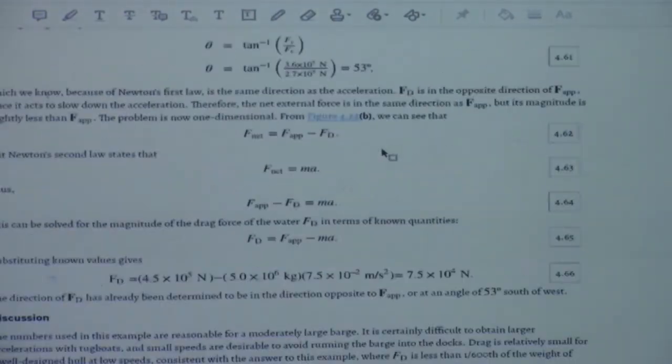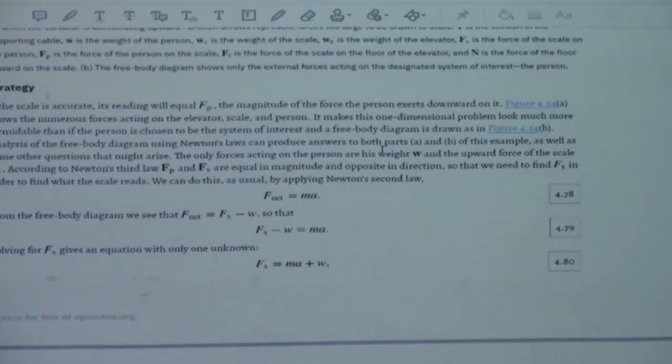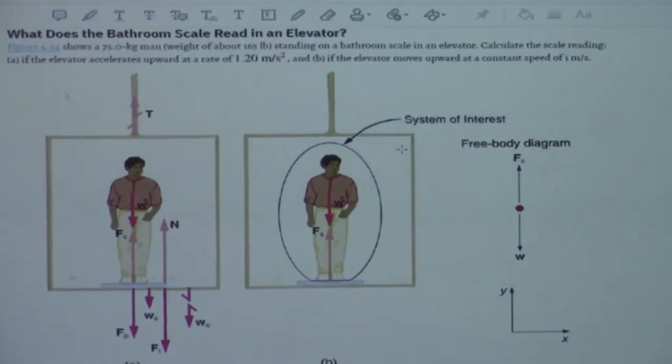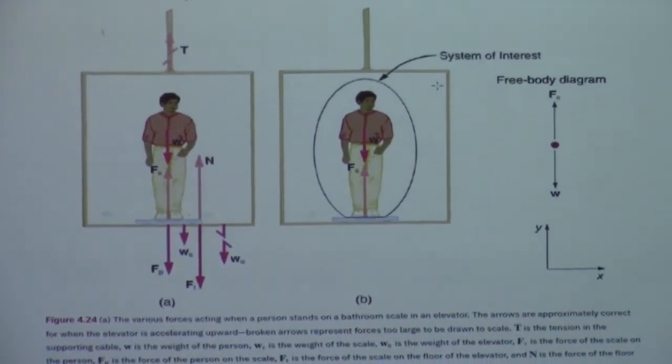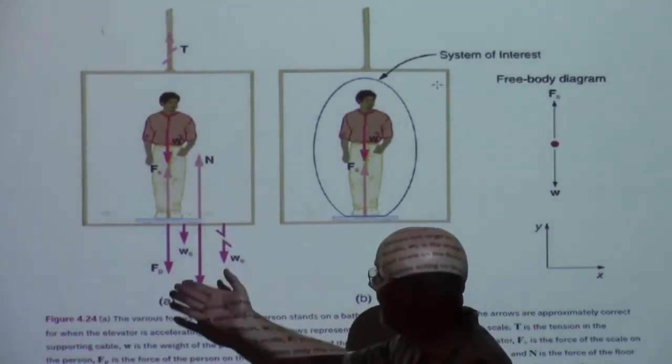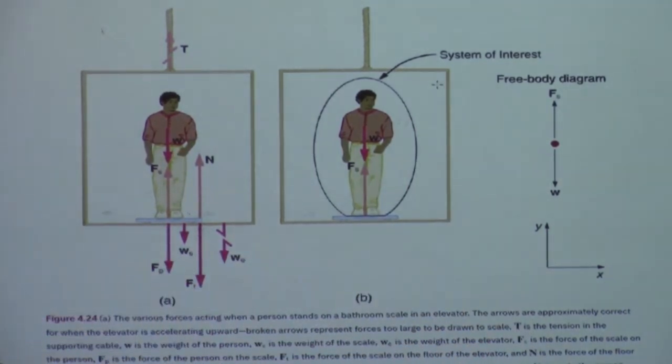Because the last diagram, in this book, right here, I would say shows 3 different objects. The person, the scale that the person is on, and the elevator that they're in. And if you start looking at all the forces, you might get yourself confused if you don't quickly at the beginning focus on what is your object.